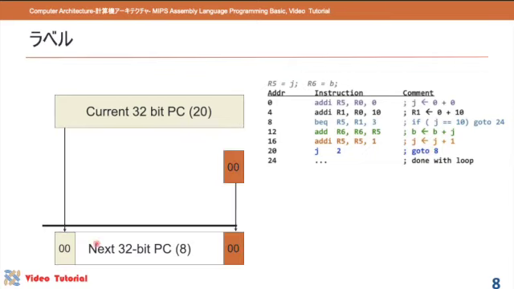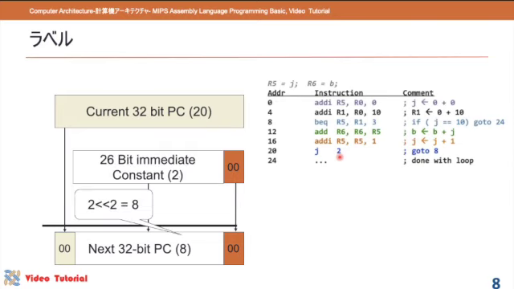As you know, the first bits here come from the program counter, the same as the program counter, and the last 2 bits are always 0. Now the remaining bits come from the immediate value 2. We have the immediate value 2, and you need to shift it by 2 bits, that means multiply by 4, so you will get 8.